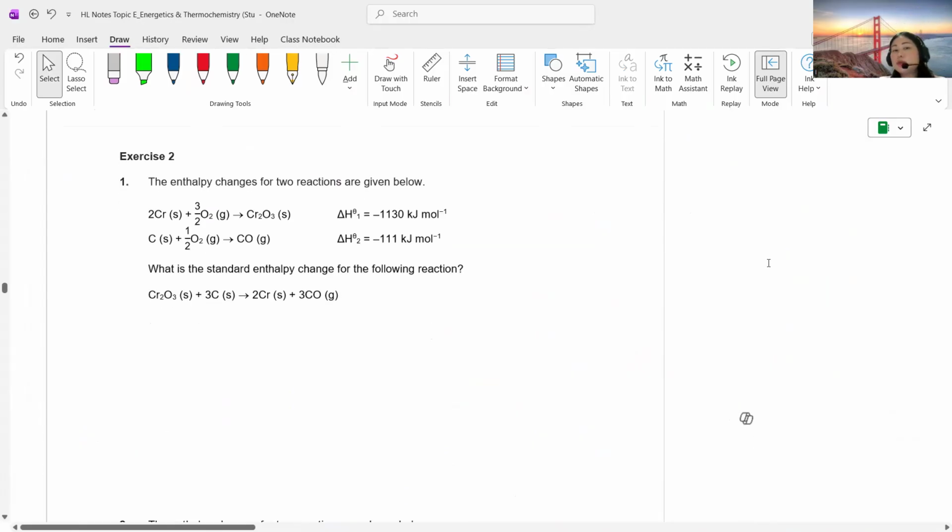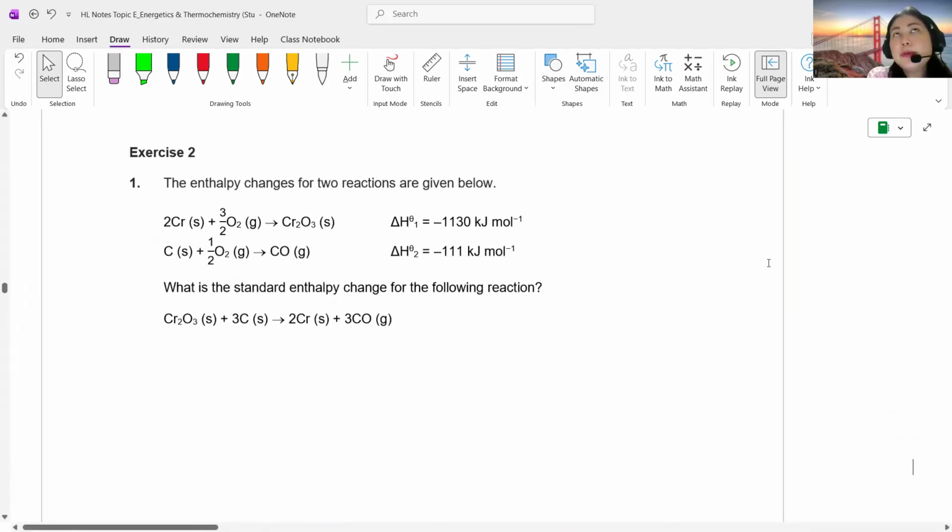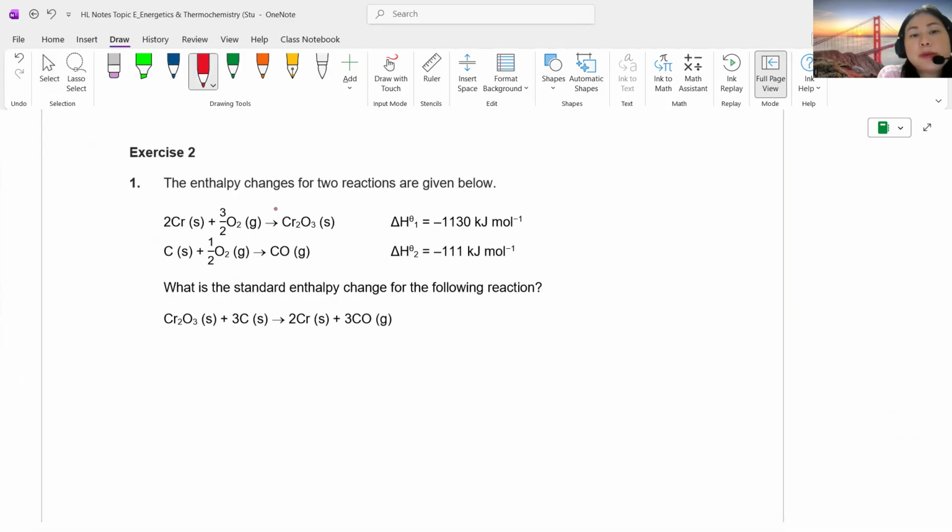Okay, this question is also formation. How do I know this question is formation? The question never tells me it's formation. But if you look carefully at the equation, remember what formation is? Formation is forming one mole from its elements. So I'm forming one mole of Cr2O3 from the element chromium and the element oxygen.